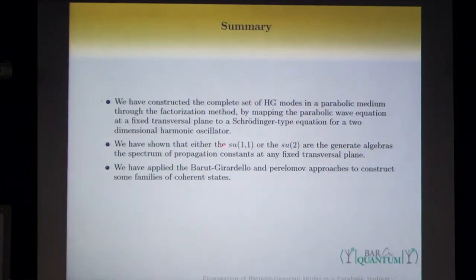We find that the algebras SU(1,1) and SU(2) generate all the spectrum of the Hermite Gaussian beams, and then to analyze the propagation of these beams we construct the coherent states using a different approach depending on the algebra, and that's all.